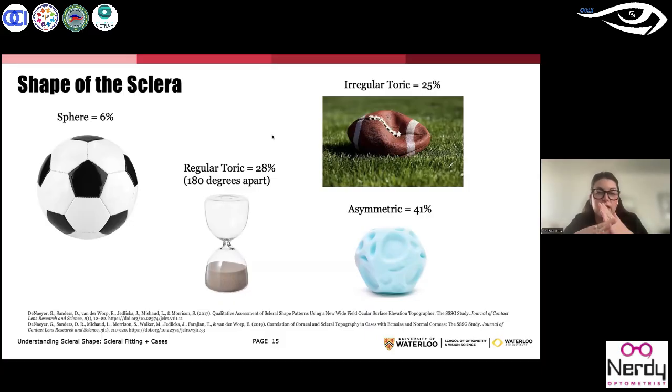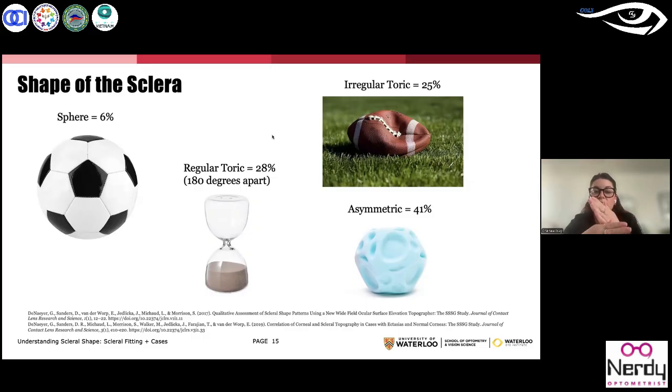Regular toric, so meaning toric shape 180 degrees apart, kind of like your classic bow tie. Corneal astigmatism, 28%. Irregular toric, I represented that using a deflated football. We always talk about footballs when we're explaining astigmatism. So this one is kind of deflated.